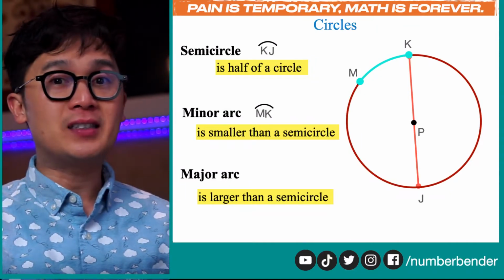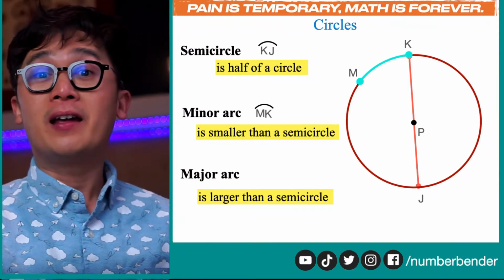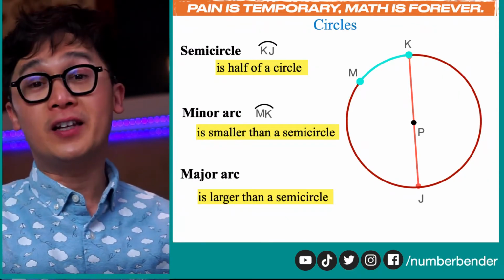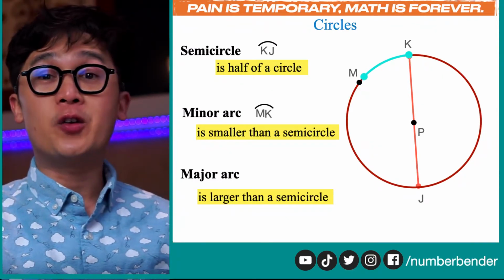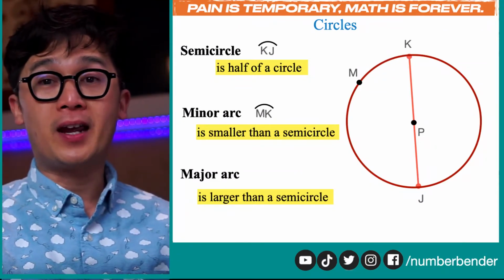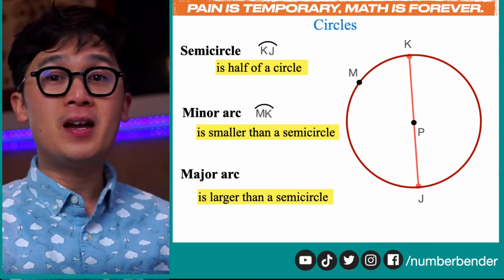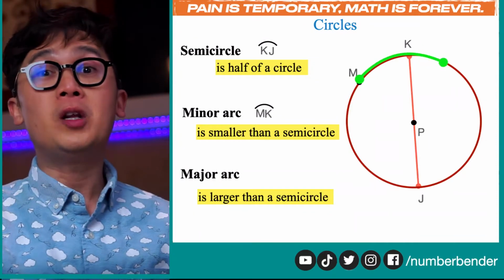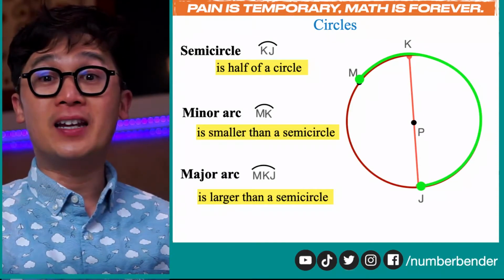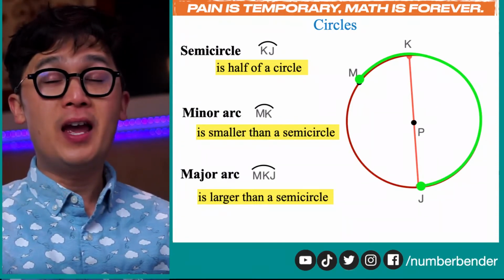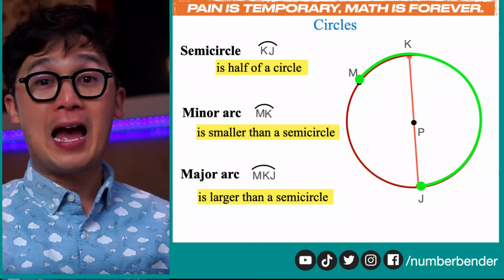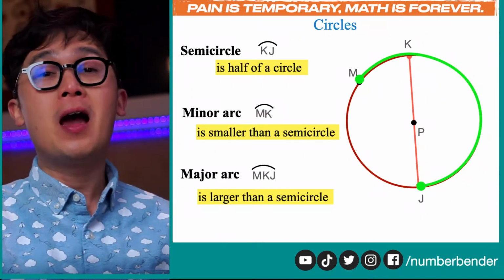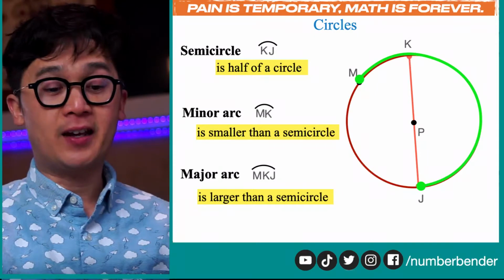The major arc is the larger arc in comparison to a semicircle. So if we're going to get rid of arc MK and connect MKJ, we'll be able to produce an arc that is larger than the semicircle, and we can call this a major arc, or arc MKJ.